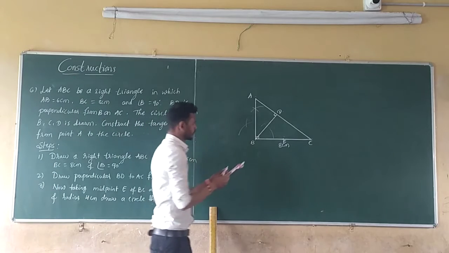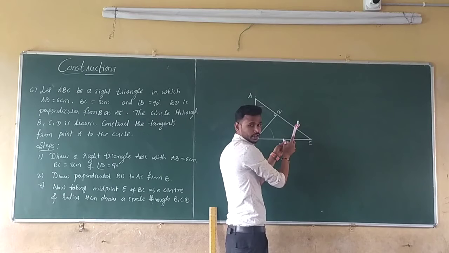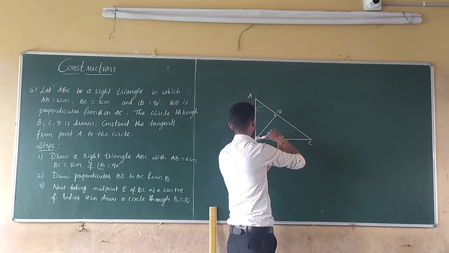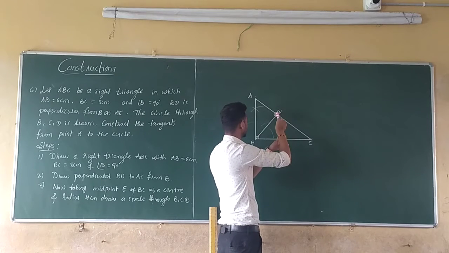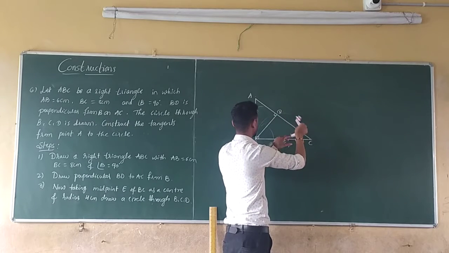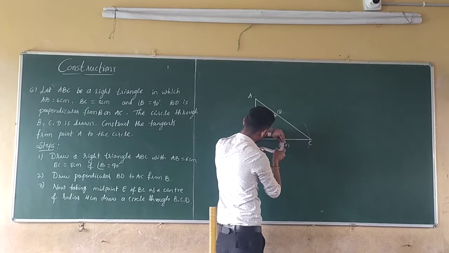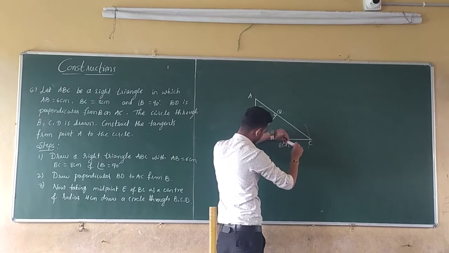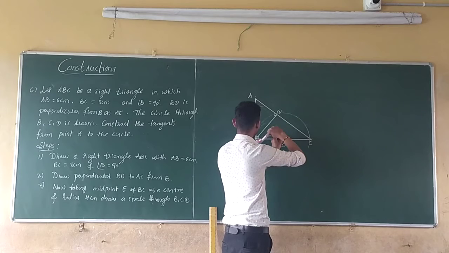Let us see. So here it is. E is a center and EB or EC, which is 4 centimeters, is the radius.